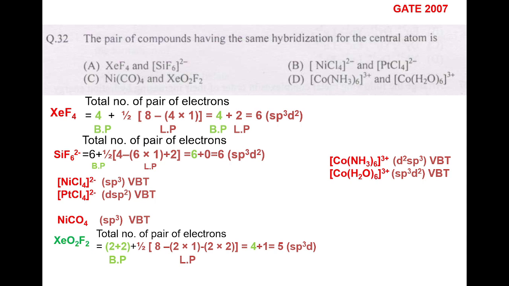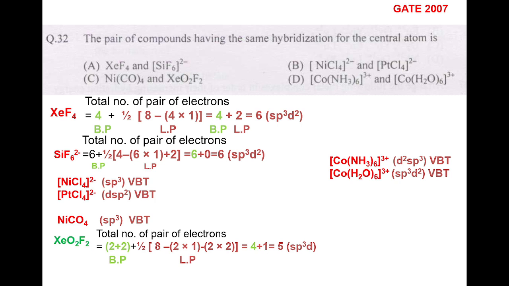But in the case of XeO2F2, according to VSEPR theory, we get a total of 5 pairs of electrons, so the hybridization will obviously be sp3d. For hexaamminecobalt 3 plus and hexaaquocobalt 3 plus, we get the hybridization from VBT, d2sp3 and sp3d2.